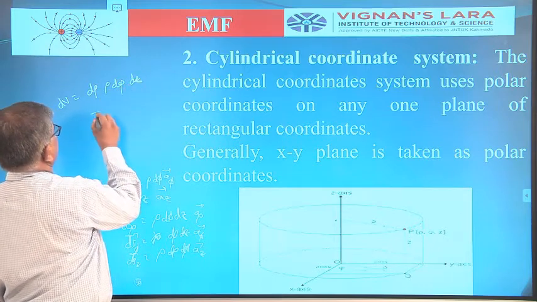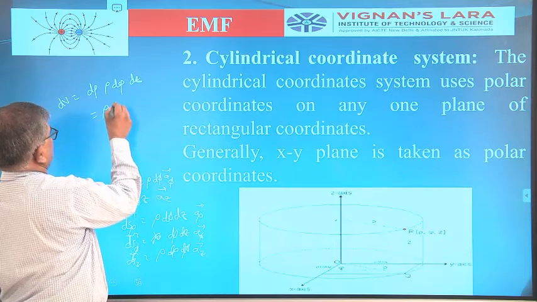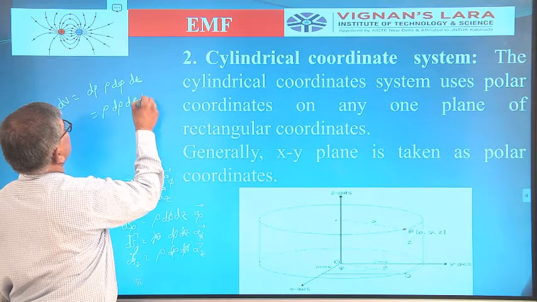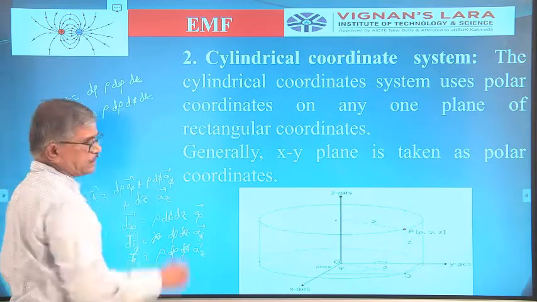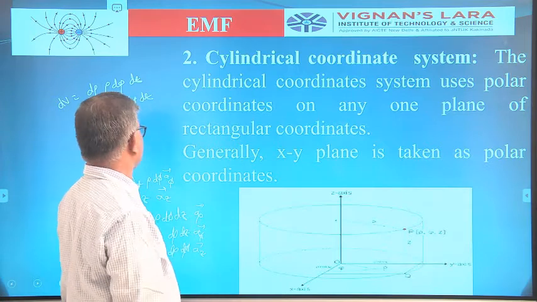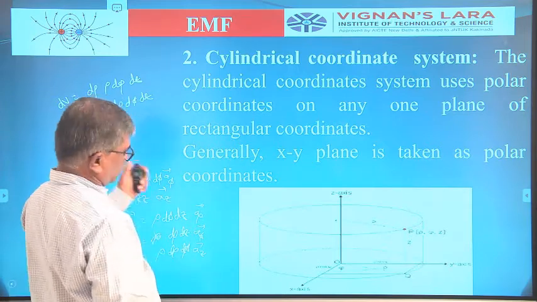So it can be written as rho d rho d phi dz. This is the differential volume of the cylindrical coordinate system.